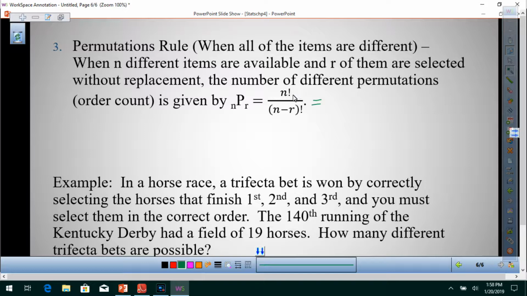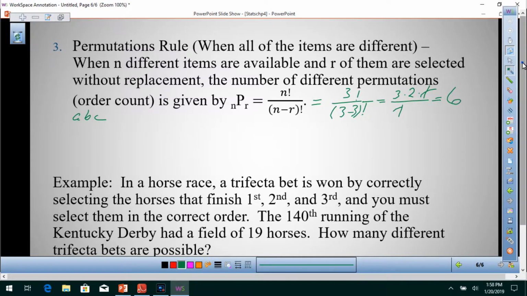Using the ABC problem, we had 3 factorial over 3 minus 3 factorial. So we have 3 times 2 times 1 over 1, which leaves you with 6.